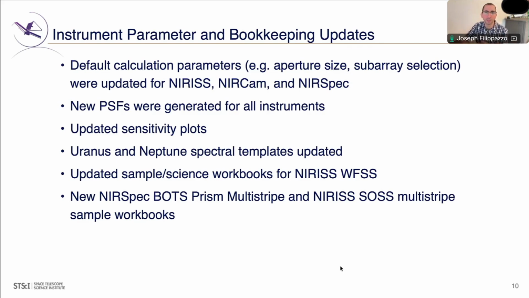Specifically, the NIRSpec wide field spectroscopy sample and science workbooks have been updated. And then, as we mentioned, for the multi-stripe mode, NIRSpec BOTS Prism and NIRSpec multi-stripe have brand new sample workbooks that can walk you through step-by-step how to produce an ETC workbook for those particular modes.